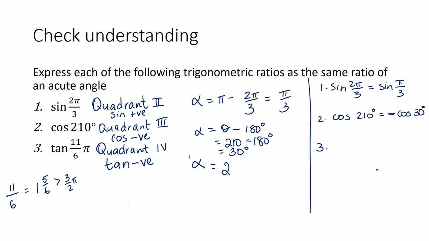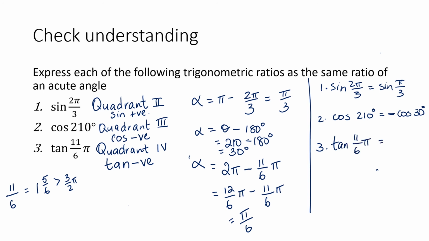In the fourth quadrant, our reference angle is 2 pi minus theta, and theta in this case is 11 on 6 pi. So this is actually 12 on 6 pi minus 11 on 6 pi, which gives us pi on 6. So the tangent of 11 on 6 pi is equal to the negative tangent of pi on 6. And this is how we relate our general angle's ratio to the ratio of an acute angle.